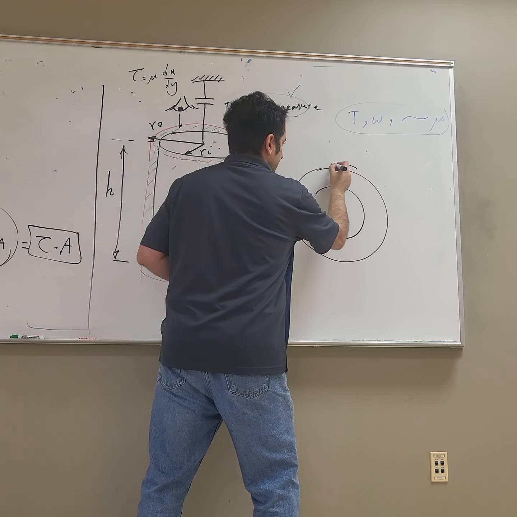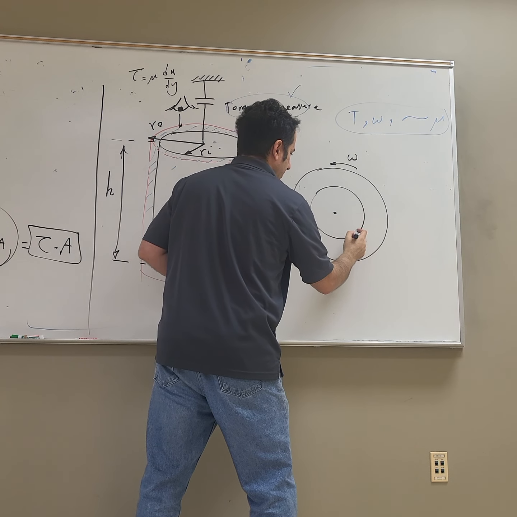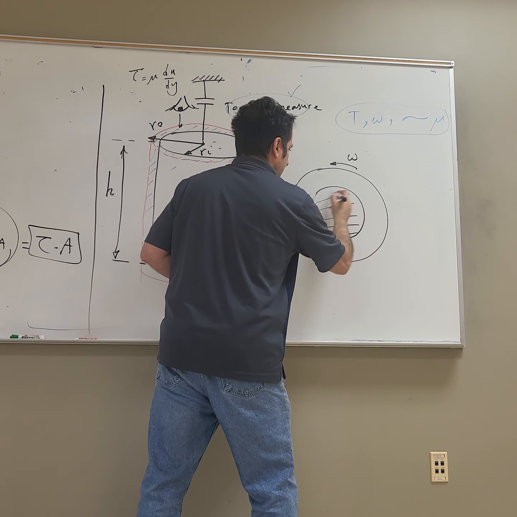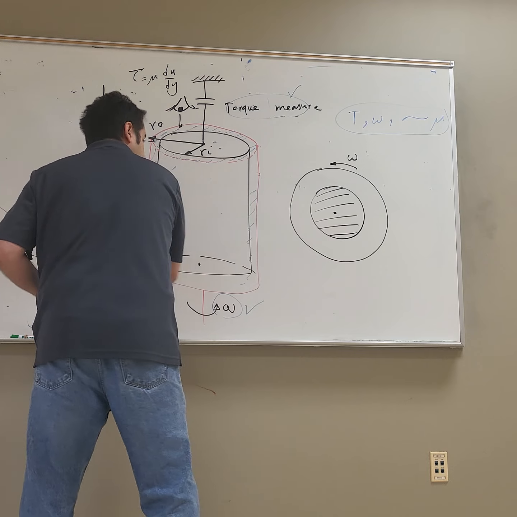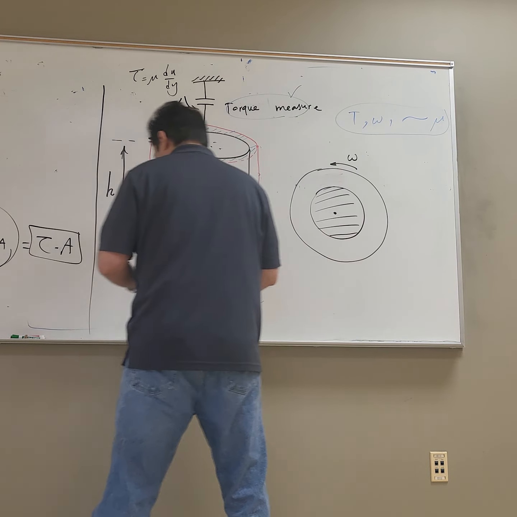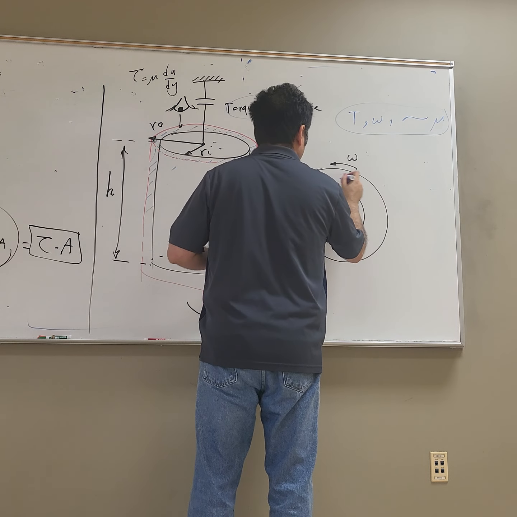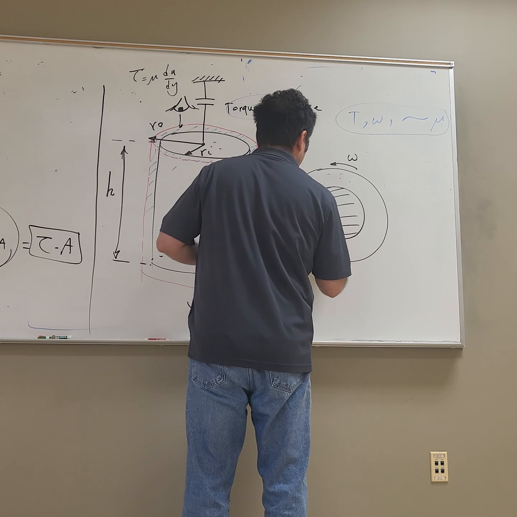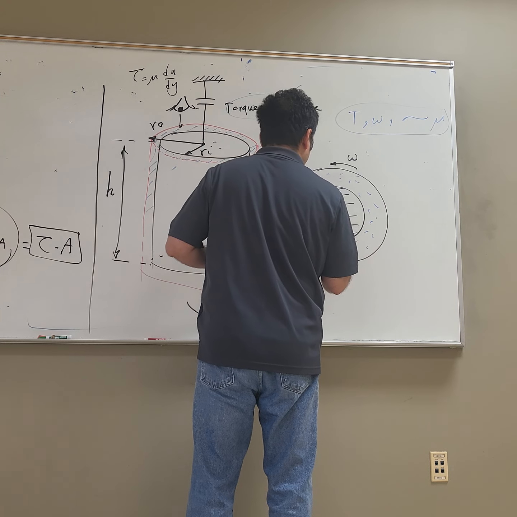And this one, the outer one, is rotating with omega, and the inner one is fixed, right? So what happens? This is the fluid. Let's use blue, because I used blue. So the fluid is here, right, between these two. It can be a liquid, gas, anything that is Newtonian.